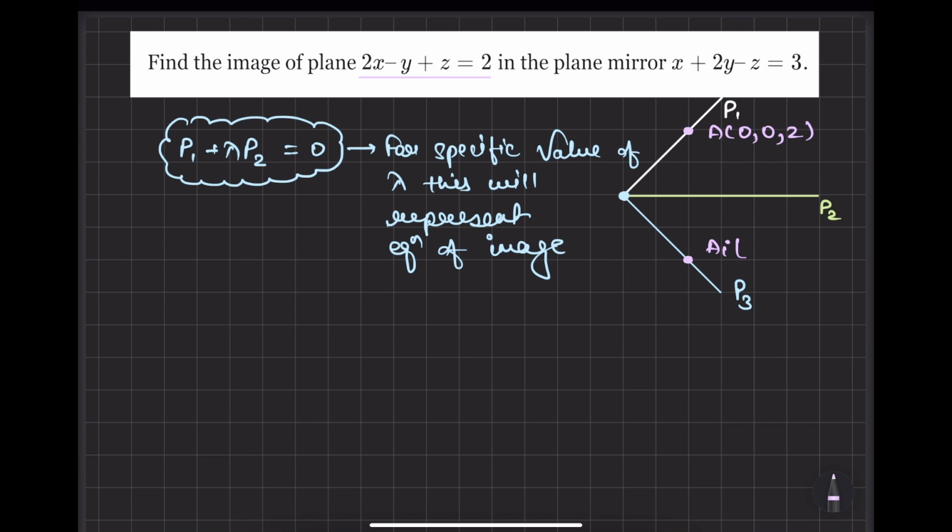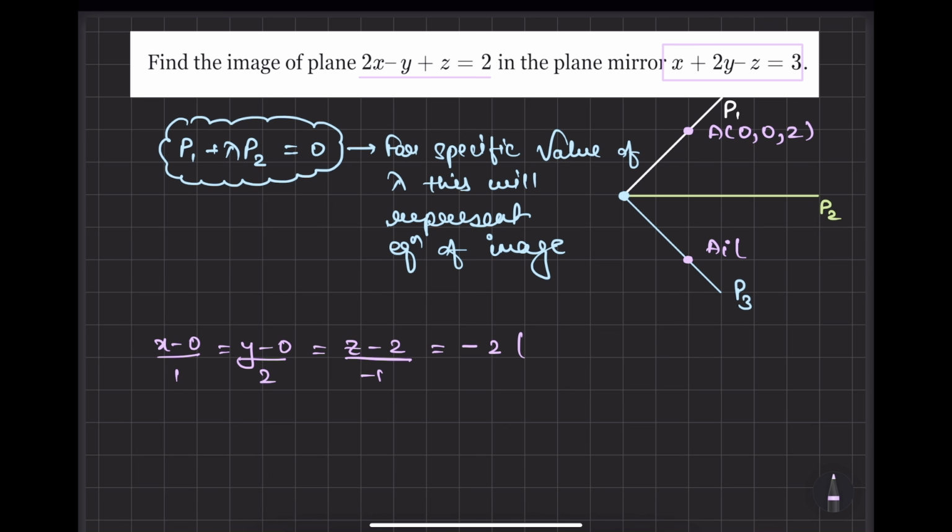So how will we find the image of a point with respect to a plane? It is (x minus x1) by A, and you have to consider this plane, so A is 1. Then (y minus y1) by B equals (z minus z1) by C equals minus 2 times, since we are talking about the image.